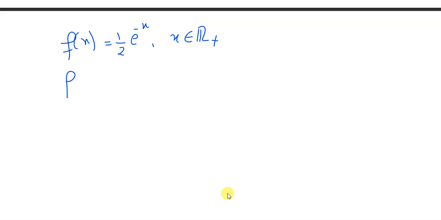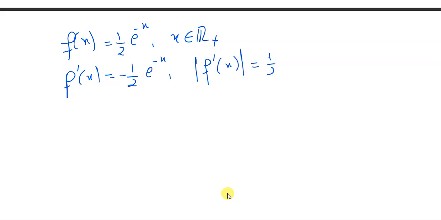So I need the derivative of the function f, which is equal to minus 1/2 exponential minus x, and then we will find the absolute value of the derivative, which is equal to 1/2 exponential minus x, because exponential is a positive value.